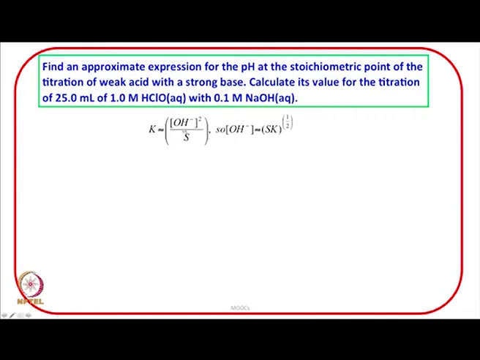And from this I can get OH minus equal to the square root of S into K from this equation.